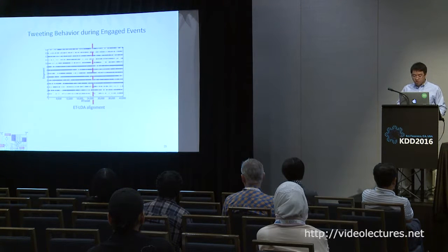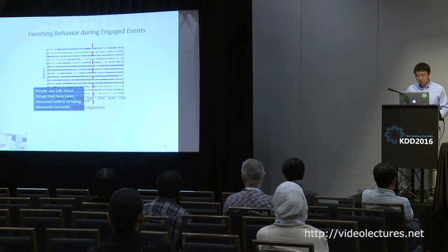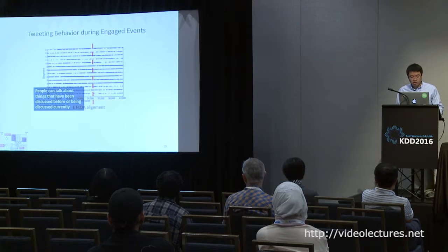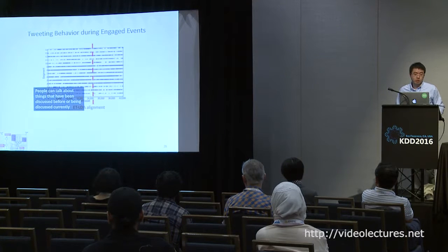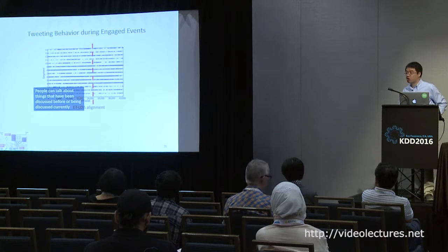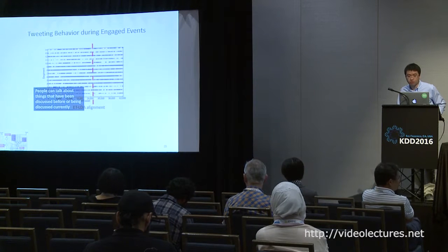As you look vertically, you can figure out that people can talk about things that have been discussed before or are being discussed currently, because we also have dots below segment 7. While Obama and Romney were debating about US financial debt problems, we still have tweets at the same moment talking about the topics that were discussed before.